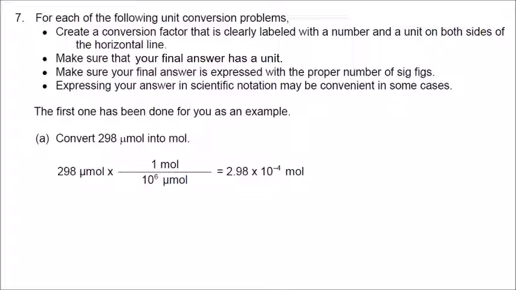So with the calculator, you would take 298 divided by 1 million. Now the answer you get is 0.000298, which you could write in scientific notation as 2.98 times 10 to the negative 4. Again, that number also has 3 significant figures.